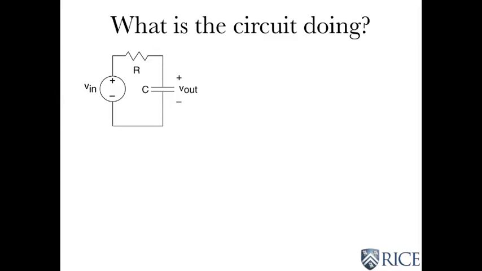Okay, so the big question is, what is this circuit doing? We can figure out its output, but let's review how we got that output for our sinusoidal input, and this will lead us to an understanding of what the circuit is really doing. So, what we did is that we assumed that the source was a sinusoid of some sort.